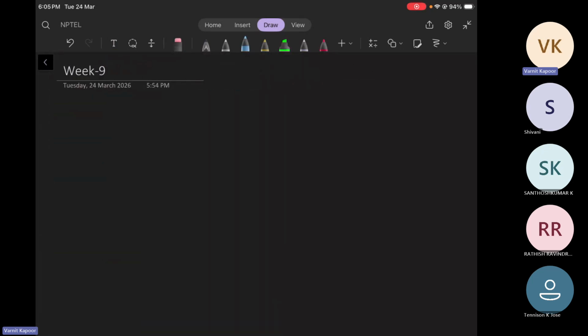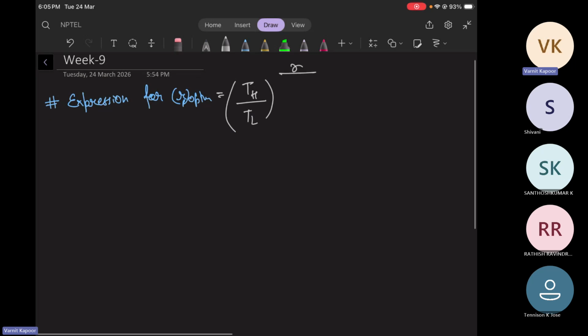So we had the expression for optimum pressure ratio, RP optimum. So what was the expression? It was (T higher by T lower) to the power of gamma by 2 times (gamma minus 1).